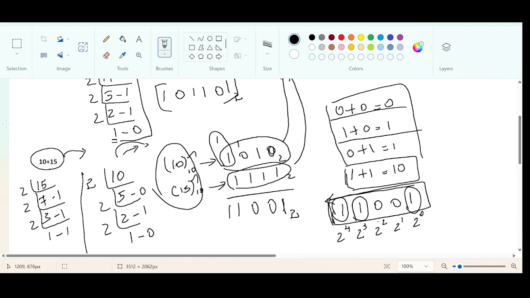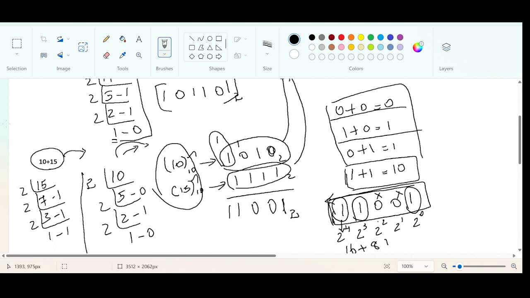In this case, we can see three numbers that represent 1 bit. Take the equivalent 2 to the power of the position value. So 2 to the power of 4 is what? 16, plus 2 to the power of 3 is what? 8. Ignore the 0s, ignore 0, ignore 0, and again this is 1, 2 to the power of 0.